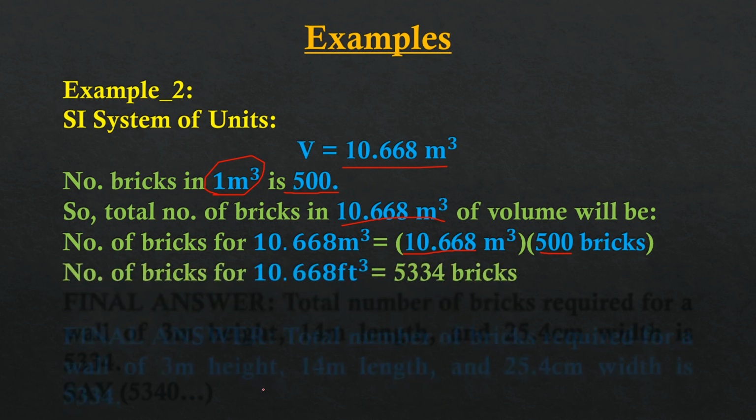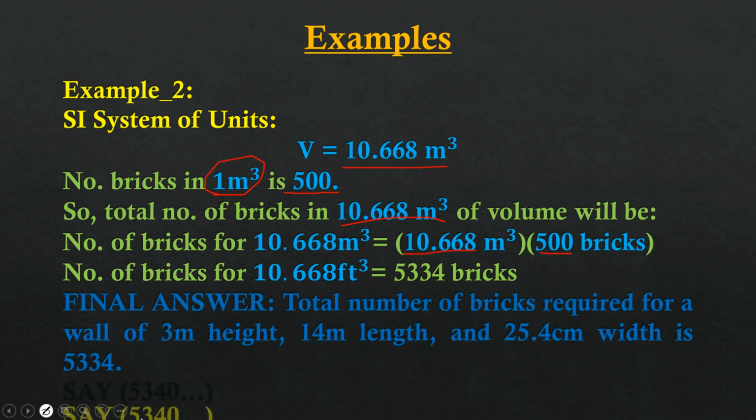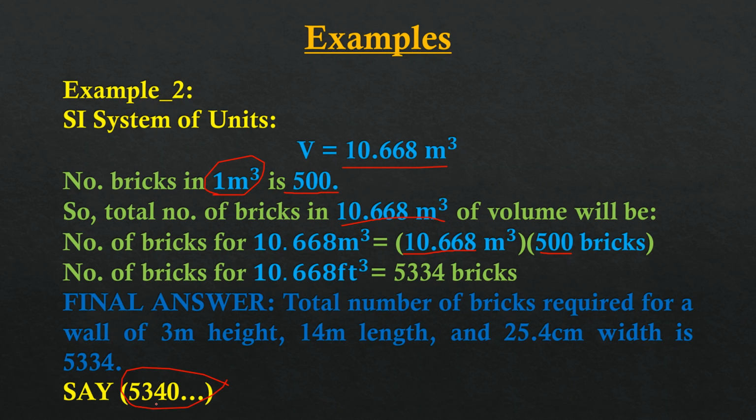We can round it to 5,340 bricks. So total bricks required by a 3 meter high, 14 meter long and 25.4 centimeter wide wall is 5,340 bricks.